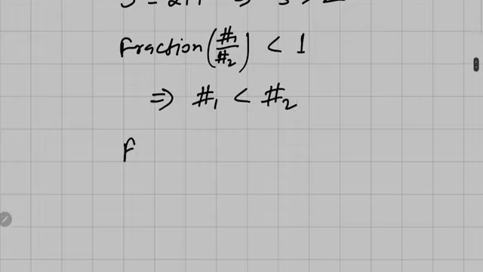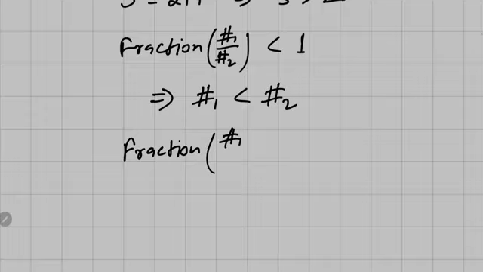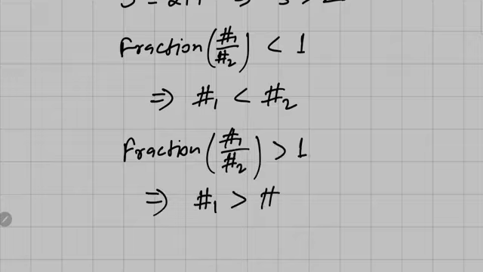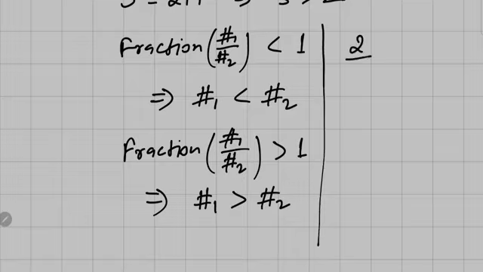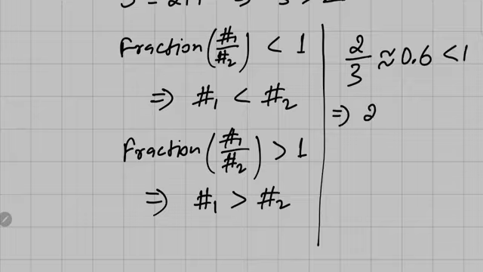And if the fraction is bigger than 1, it implies the numerator is bigger than the denominator. For example, 2 divided by 3 is approximately 0.6. It is less than 1, implying 2 is less than 3.